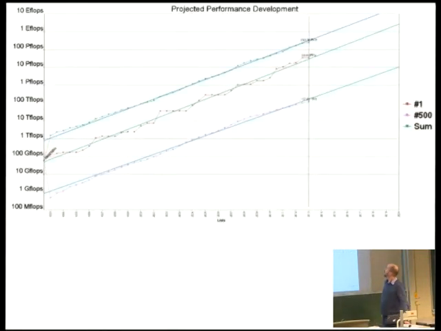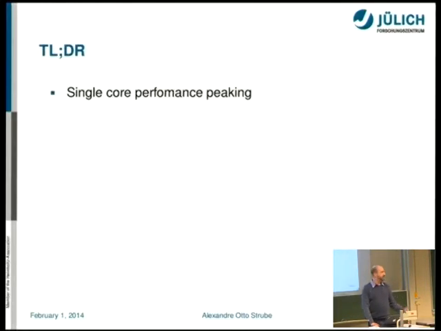But what we have here is that if we look to the past 10 or 15 years ago, what we had was machines that were the number one in the world, and they are probably as fast as your notebook today. So what does this mean for us?